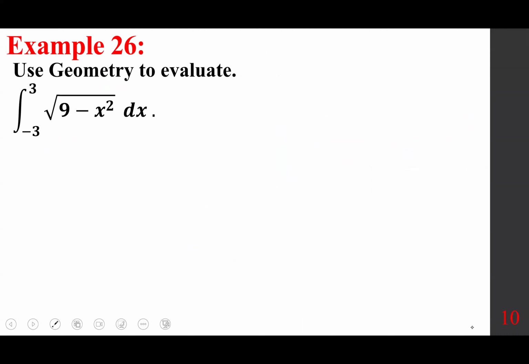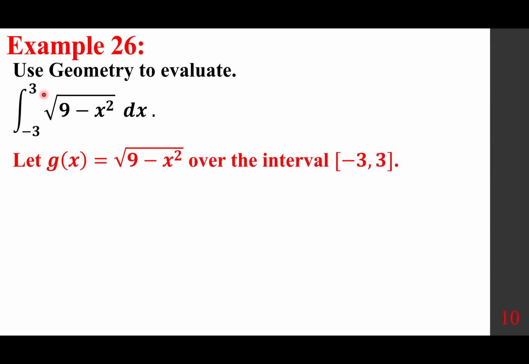Use geometry to evaluate the integral from -3 to 3 of the square root of 9 minus x squared dx. At this point, the only way we can handle this is by recognizing what we are dealing with here. So the function is square root of 9 minus x squared, and the interval is -3 to 3. That's the first thing we should recognize.